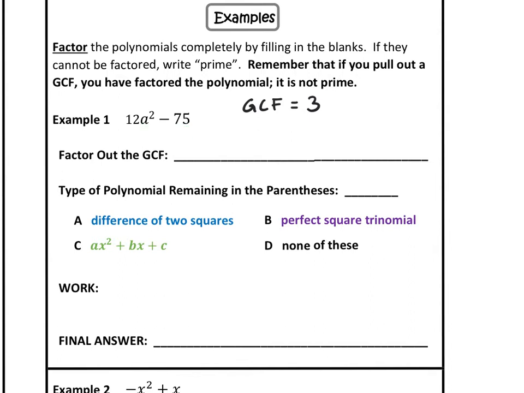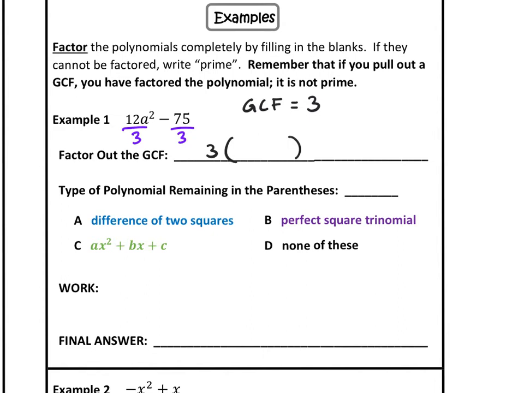No, right? And is the first term negative? No. So then I'm just going to divide both the first and the last by 3. And then we're going to factor out the GCF. So put the GCF in front and parentheses.